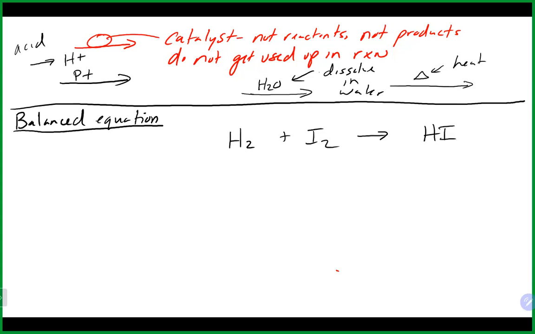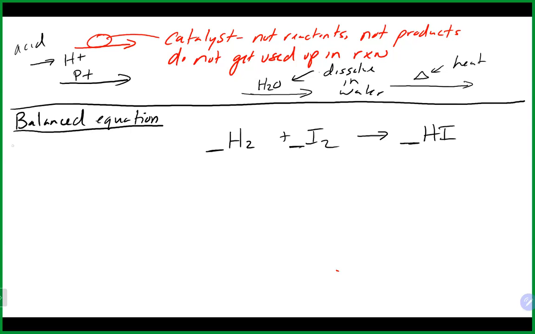Now, in this case, when we go to balance the equation, the only thing that we could change are the numbers that come in front, and these are what are referred to as coefficients. And we could use numbers to make sure that we end up with the same number of elements on each side.